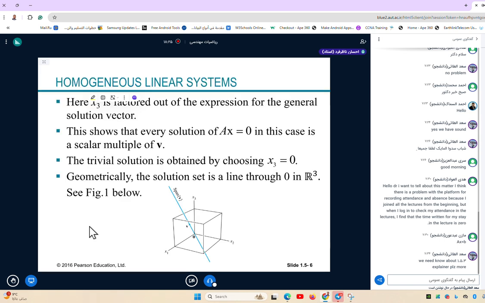So this is a solution, and a geometric representation of that is a span. If someone asked yesterday, a span of v, look at this one. This is vector v, and a span means going forward and backward through this line. This is the span of v. Span or generate, if you would like.